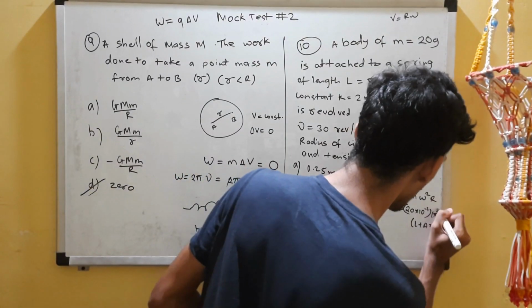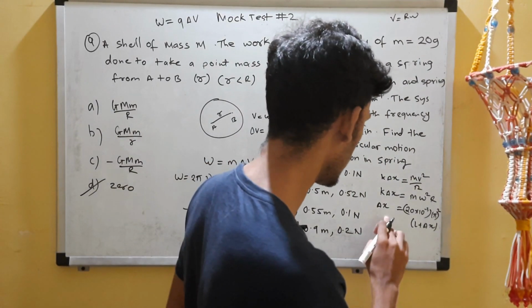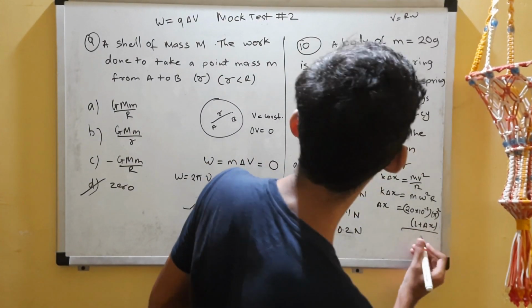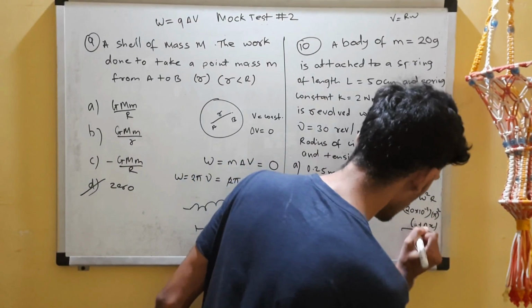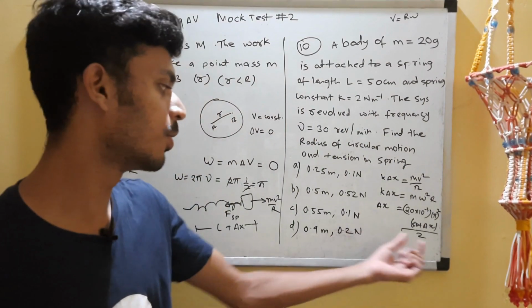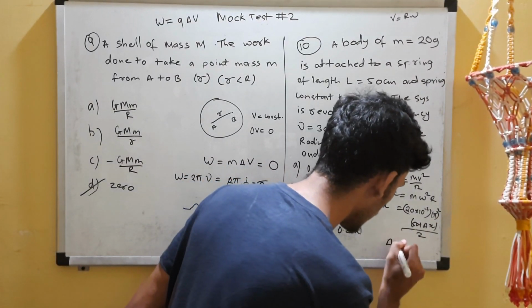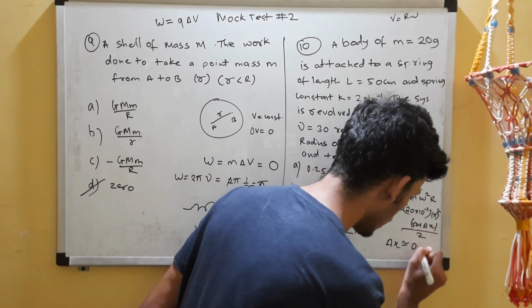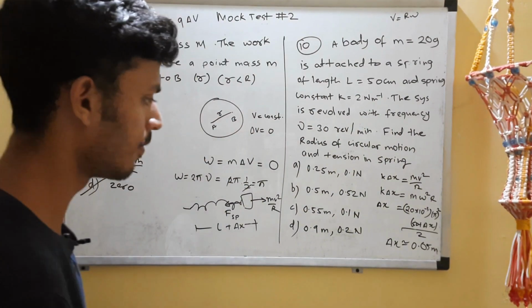Divide by k, k is 2. L is given, L is the natural length, which is 50. So when you solve this, the only unknown is delta x, right? So when you solve this, you'll get the value of delta x. It's just calculation now, so I'll leave it there. So the delta x value you'll get as 0.05 meters.